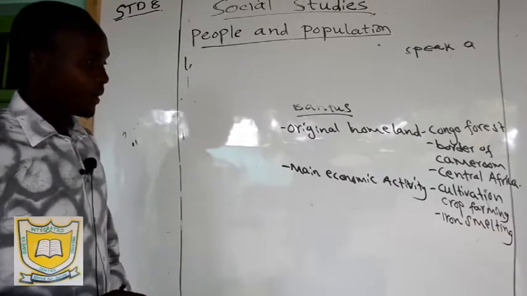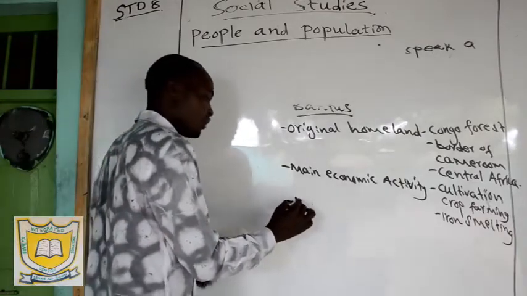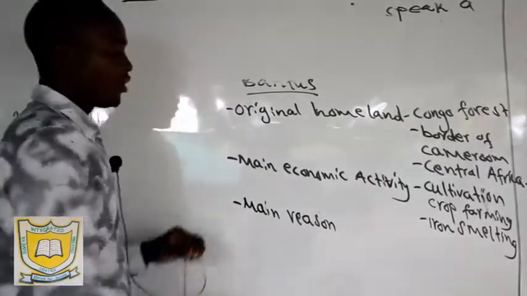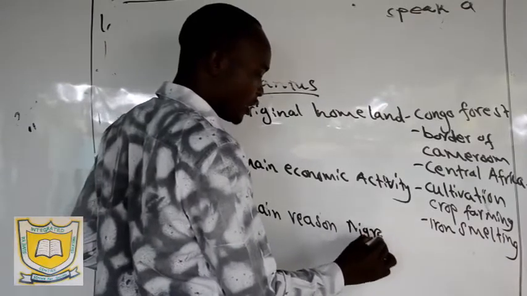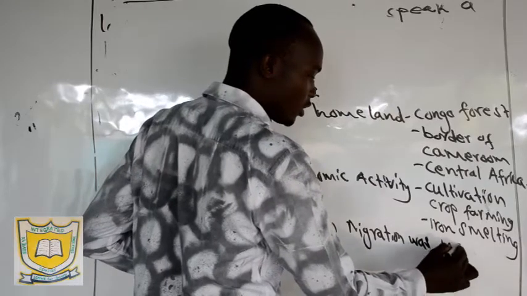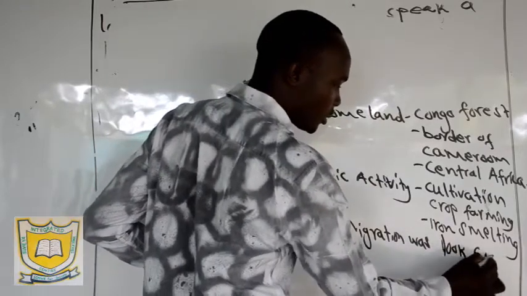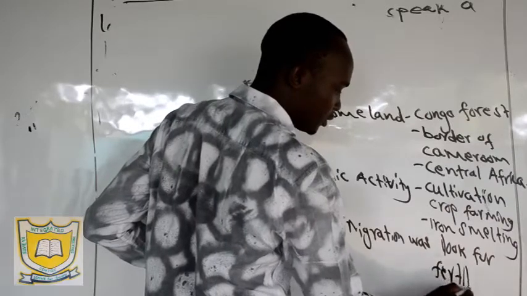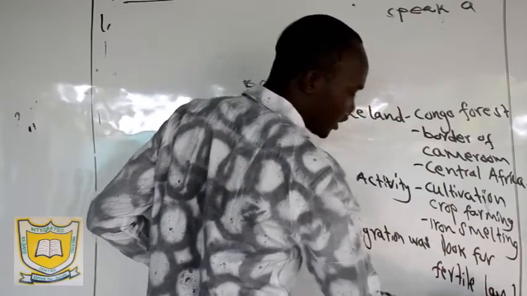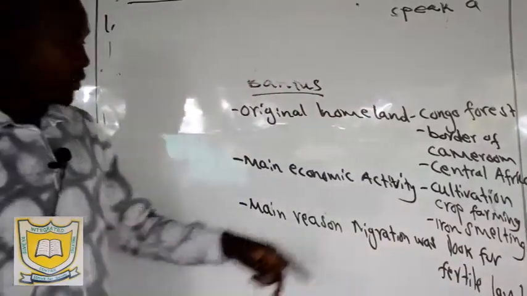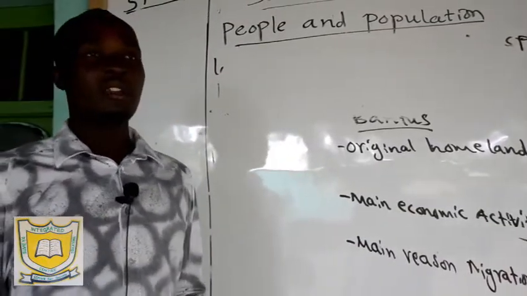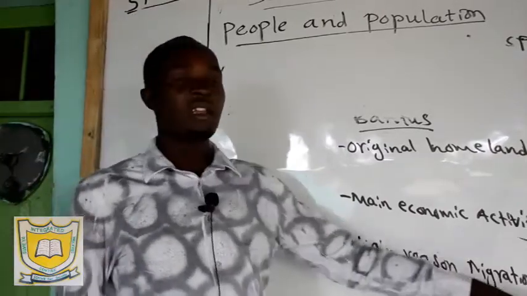So now that they are farmers, the main reason for migration was to look for fertile land for cultivation. Because these people are farmers, they had to move from the Congo forest to other parts of Africa, and even Eastern Africa or Kenya, to look for fertile land for cultivation.